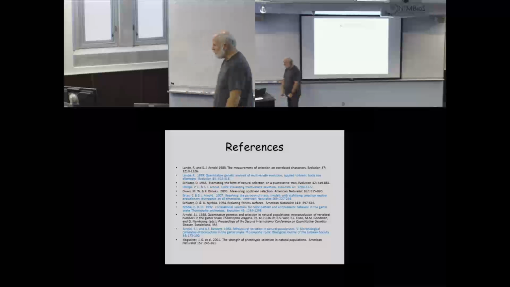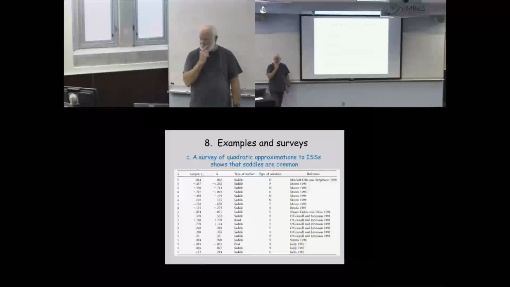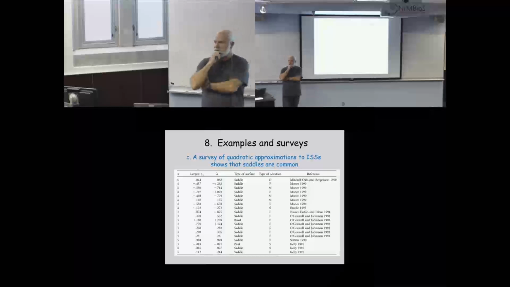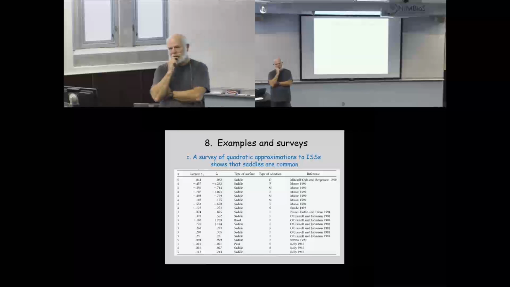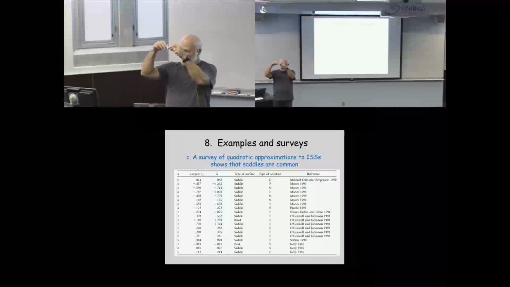Well, yeah, so let me go back a couple. So here's why we're worried about saddles. It's this Blows and Brooks survey showing us that if we look at the first two principal components of the trait distribution, we see saddles in many cases. So as Joe is pointing out, this is just a local analysis, and so we really only have a reasonable glimpse of what the surface looks like in the vicinity of the mean.